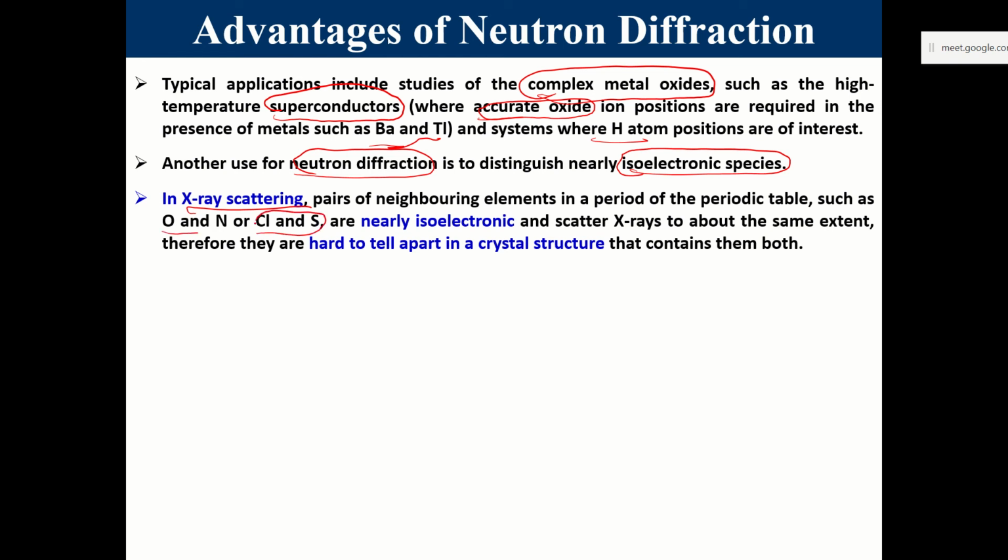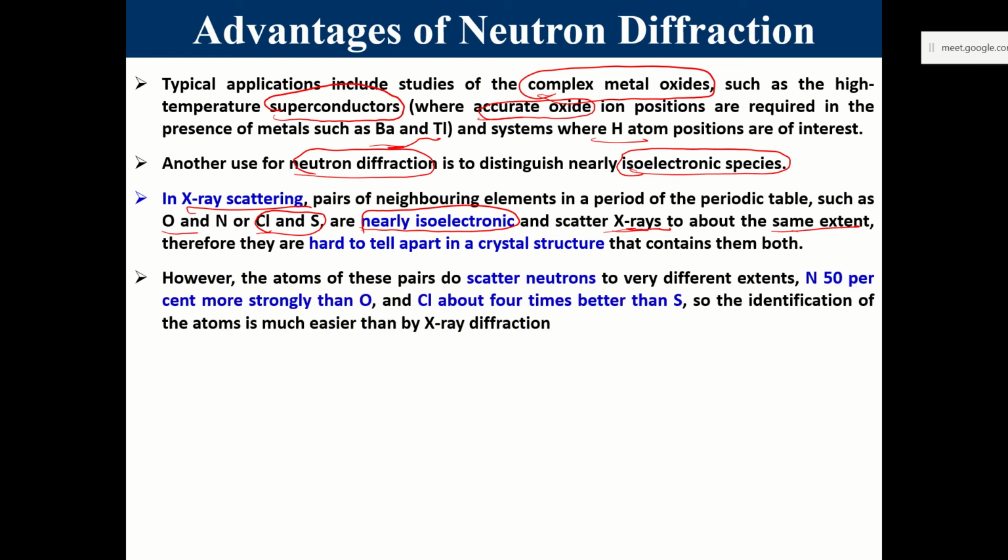Similarly, chlorine and sulfur, if they are present together in a sample, it will again be difficult. They are nearly isoelectronic, and scattering of X-rays will happen almost to the same extent. So it will be very difficult to tell the actual positions and whether both of them are present or not in the crystal.